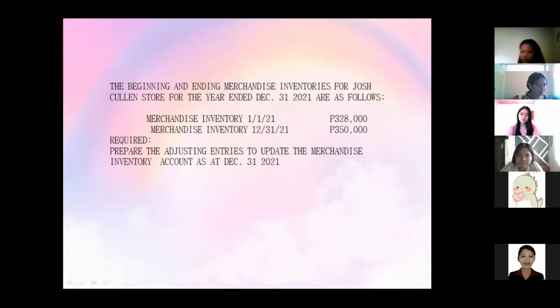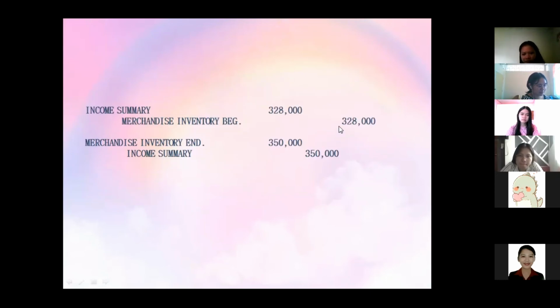Ayan. So, ang sagot is income summary debit 328,000, credit merchandise inventory beginning 328,000, tama kayo. And merchandise inventory ending 350,000 debit, and income summary credit 350,000. Tama kayo, gagaling nyo na.